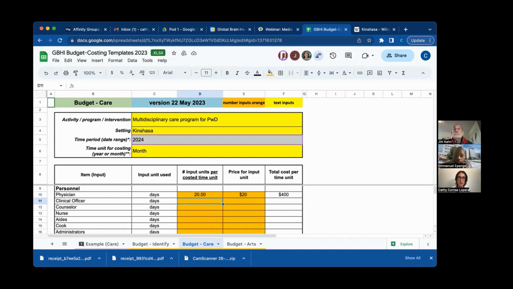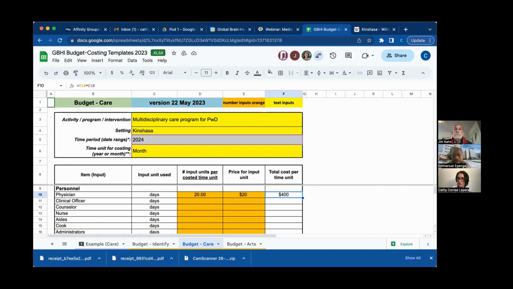Yes, I think it is. But when you put $20 for 20 days, it's not less money, because the physician is working 20 days per month and he receives $20? No, he will receive $400 per month, right? Okay.